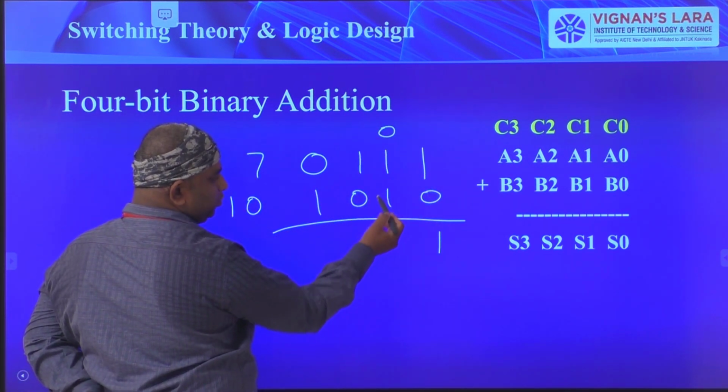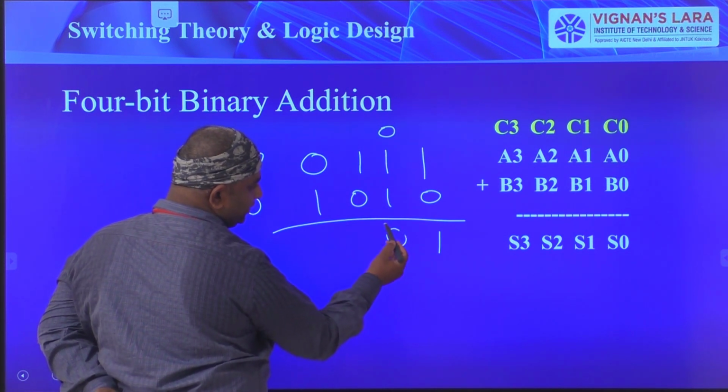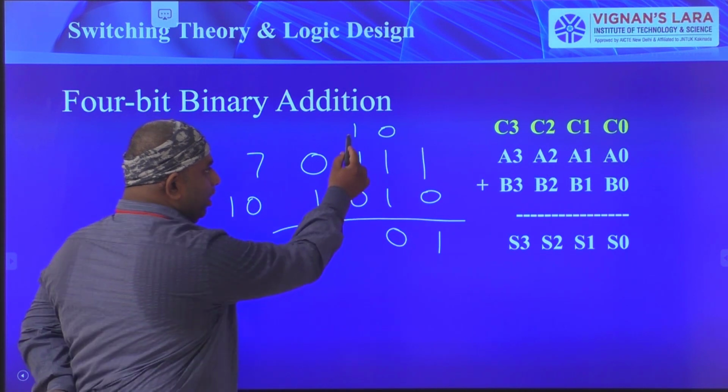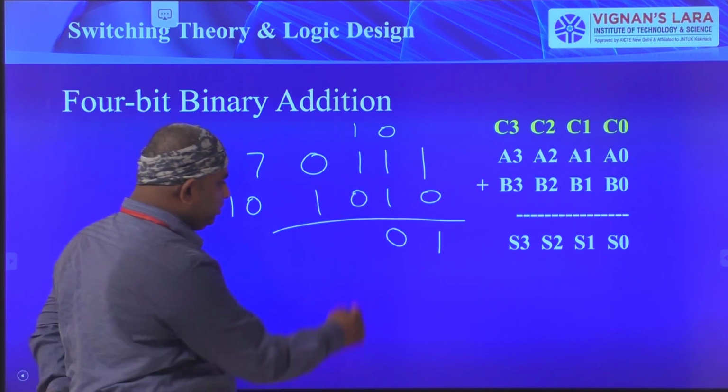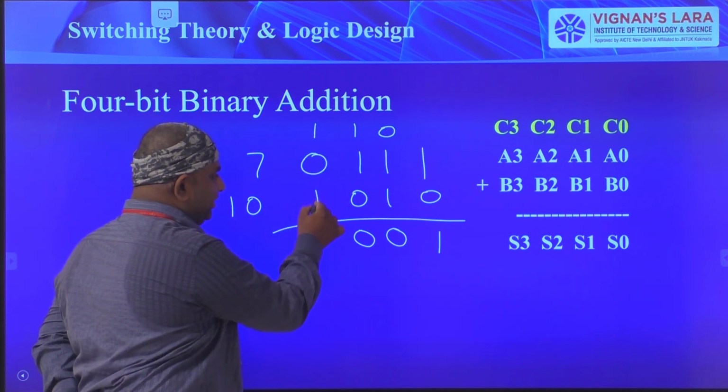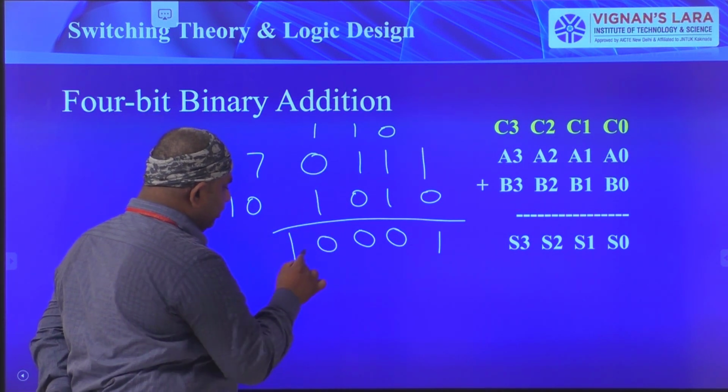I am representing carries here with dotted lines also. Next, 1 plus 1, 2 ones, the answer is 0 and we write 1 as carry. 1 plus 1 plus 0, 2 ones are available, so write 0 here and 1 here. 1 plus 0 plus 1, write 0 here and write down 1 here.